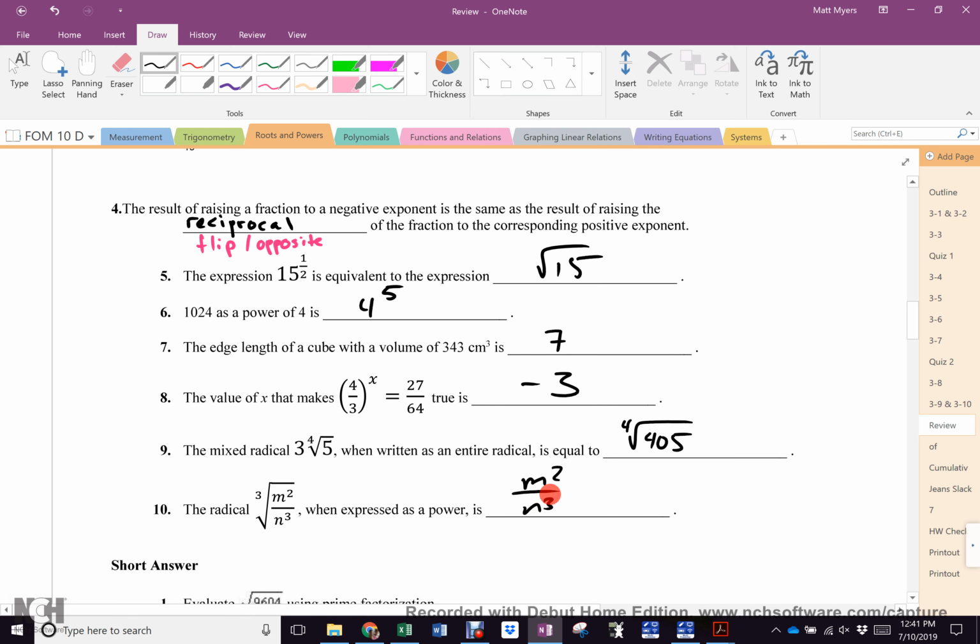I would accept that. But better if you have m to the 2/3 over n. But I will accept both for 7 marks there. 1, 2, 3, 4, 5, 6, 7.